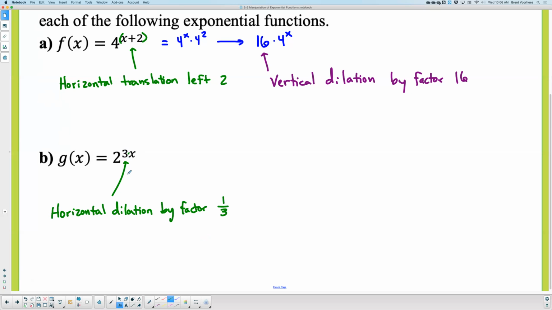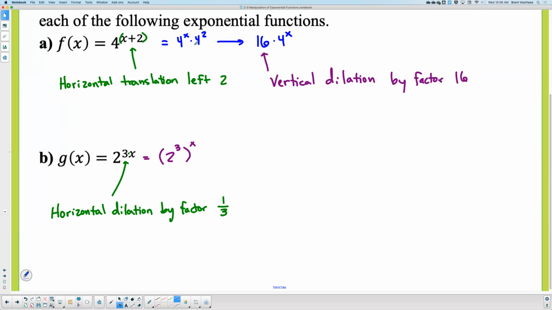Now let's use some properties here. This is the same thing as... what do we do if it's 3x? Go to your properties. It's 2x to the power of 3. All right, it's the same thing as 2 to the power of 3 raised to the power of x. Is that correct? I should have been writing the properties here.